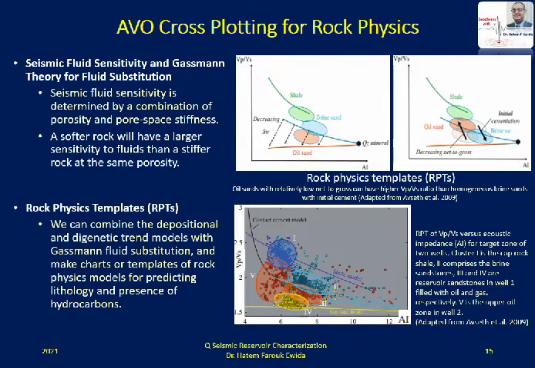So we can combine the depositional and diagenetic trend models with the Gassmann fluid distribution and make charts or templates of rock physics models. If you take a look here, this is a rock physics template, where you have the acoustic impedance on the x-axis against the VP/VS, and you can see different clusters, and each cluster represents a type of rock. For example, one is a cap rock, and two is a prime reservoir, and so on.